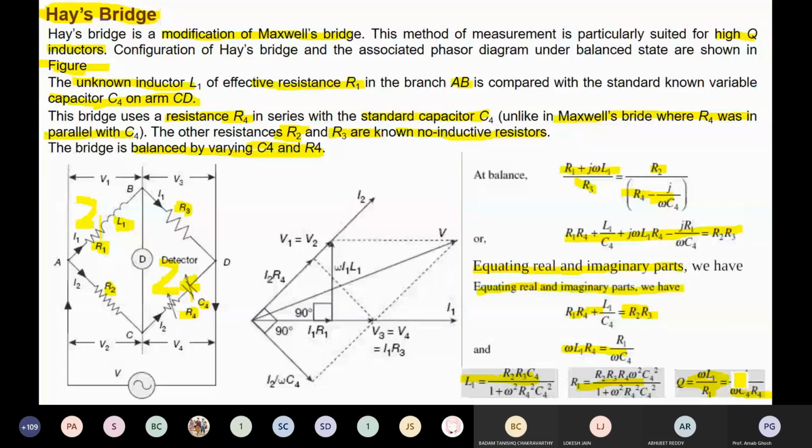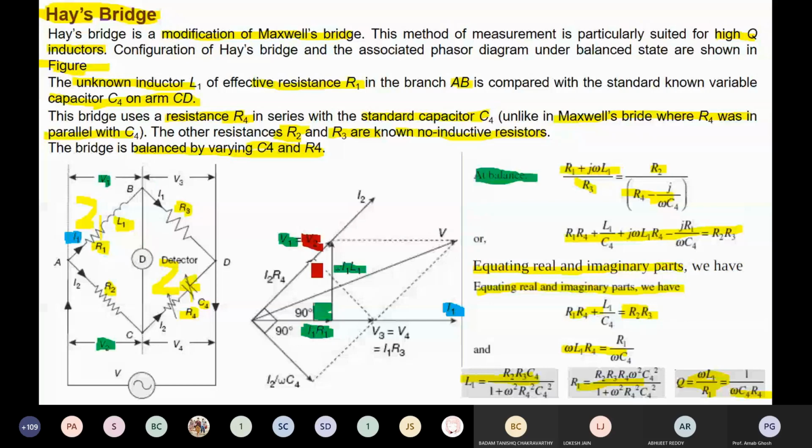Now as per the balance condition, because it is in balance, V1 and V2 will be the same. These points are known as the V1 V2 point. So what will be the value of V2? V2 equals I2 into R2, so V2 and I2 should be in phase.